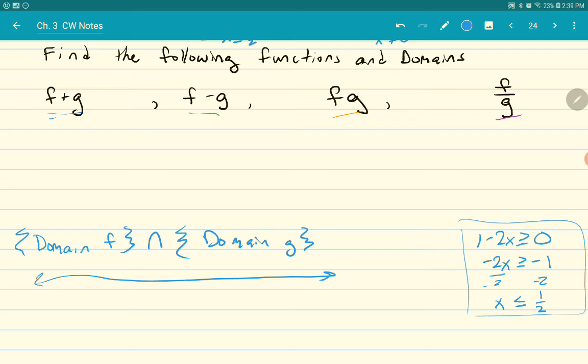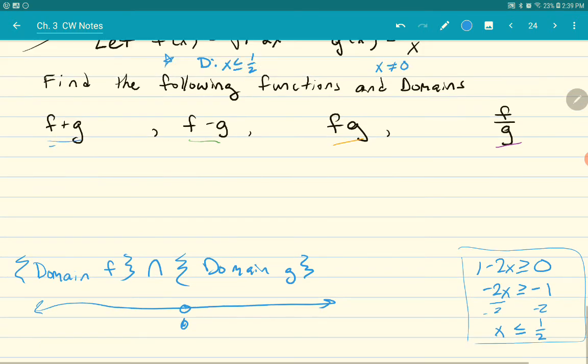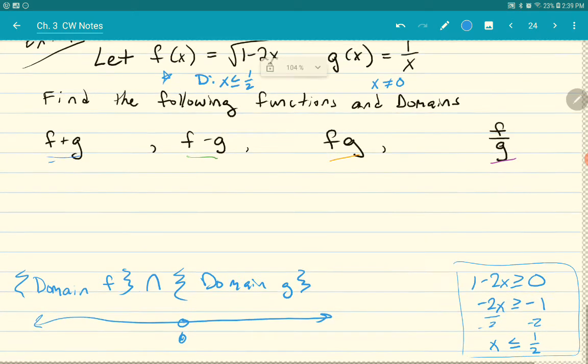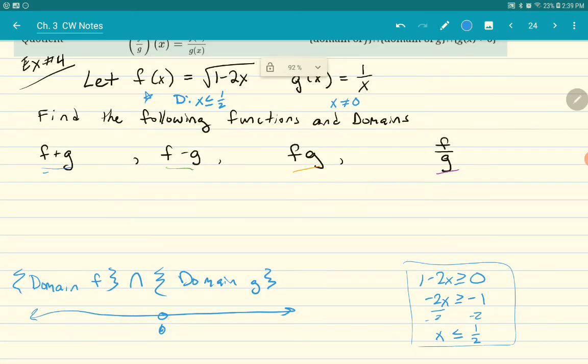We said x cannot be equal to 0, so there's an open point at 0, but also x has to be less than or equal to 1/2, so it's going to have a closed circle there, and follow that arrow, but it has to have a hole at 0.